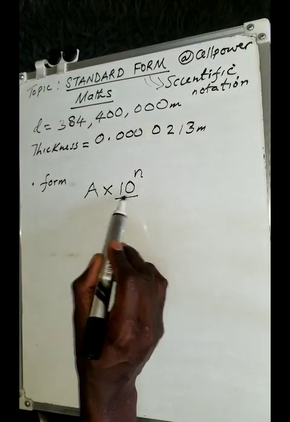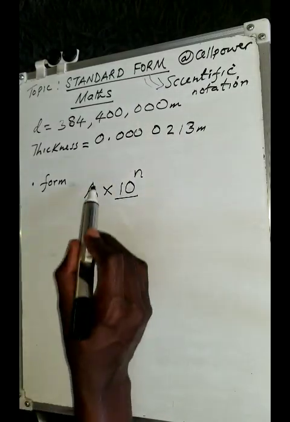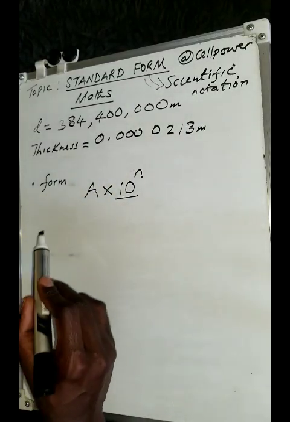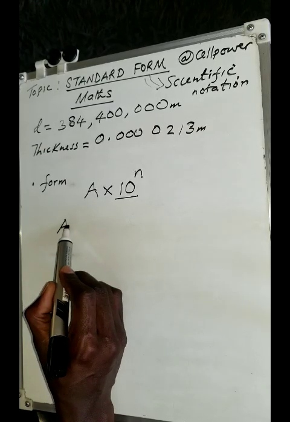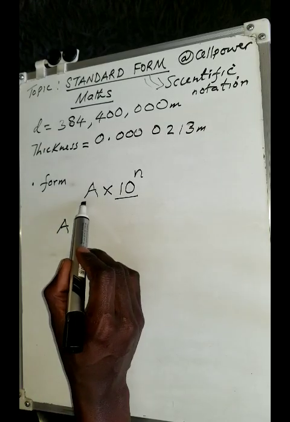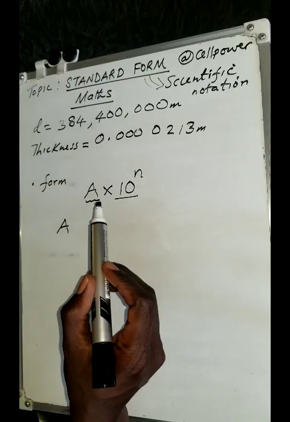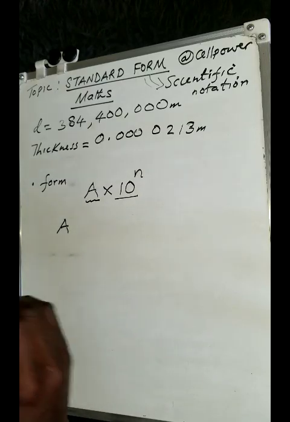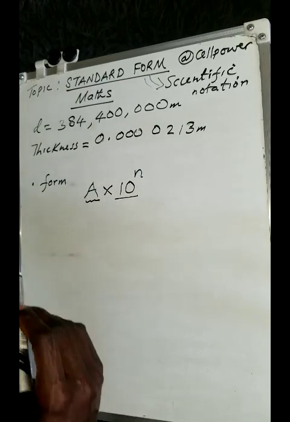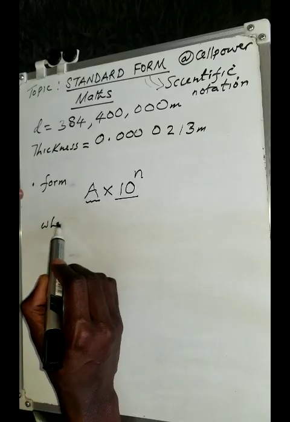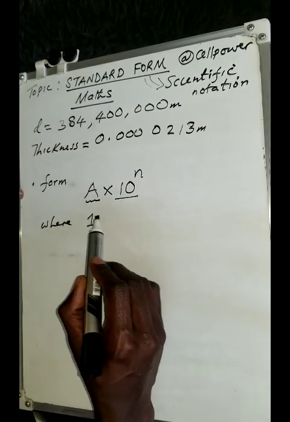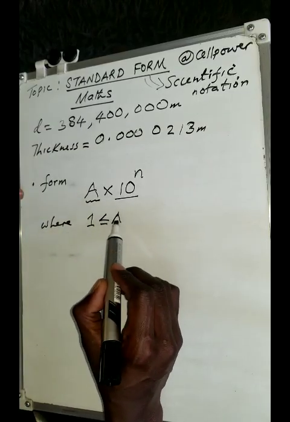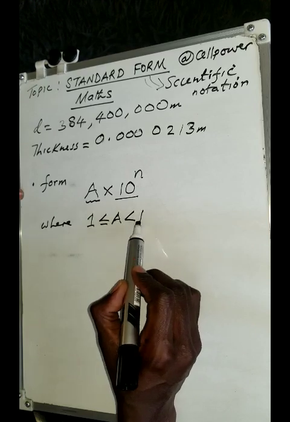Each time we multiply by 10 raised to the power n. But what does this A represent? A is a number between 1 and 10. We can say that 1 should be less than or equal to A, and A should be less than 10.